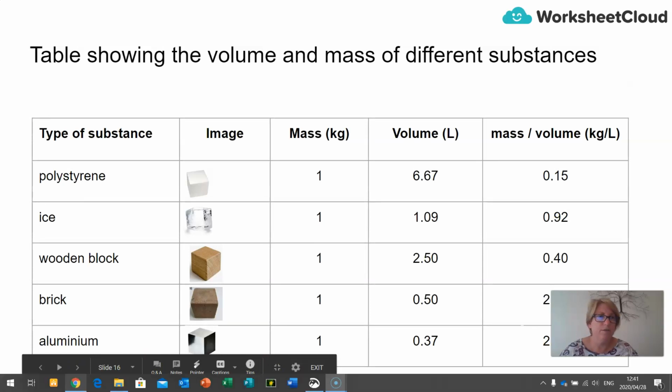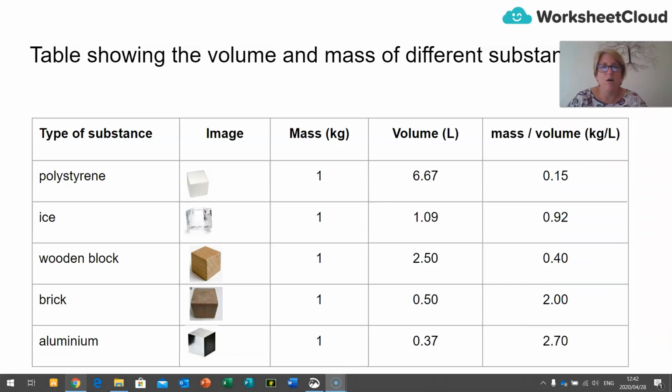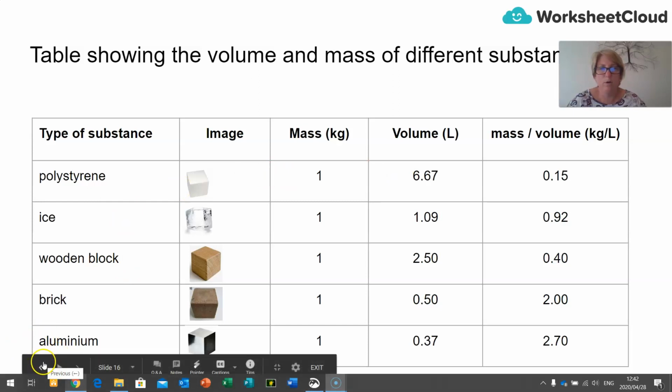And if we have a look at this example here, I have now taken the mass and the volume, and I've used the same equation again, and we've said mass divided by volume. Now what's interesting is that if we go back, we will find that the mass and volume in both tables is the same.